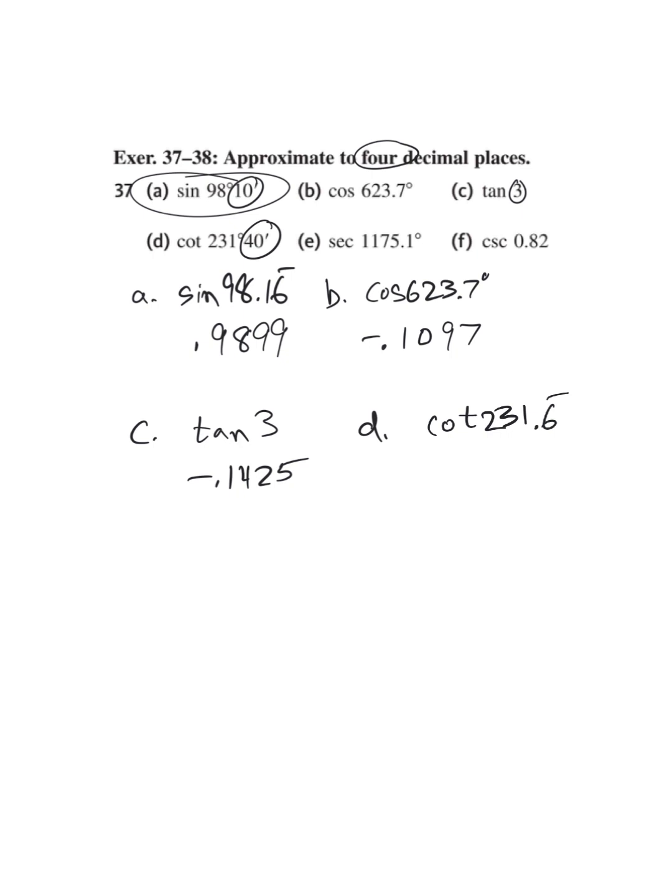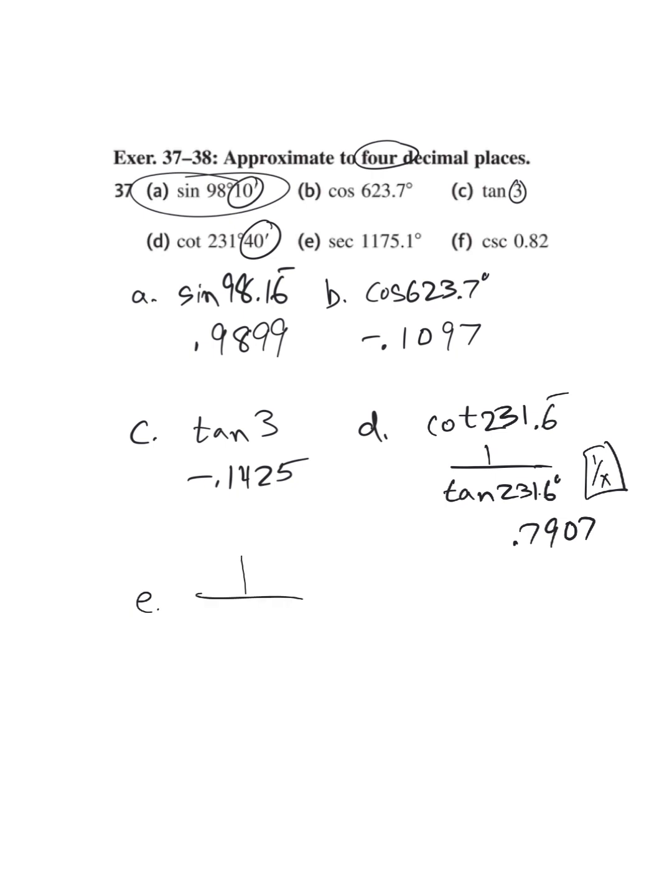So now all you're going to do is take 1 over the tangent of 231.6 degrees. Just take the tangent of 231.6 degrees and then hit the 1 over x key, and that puts that in the denominator, which makes this 0.7907.